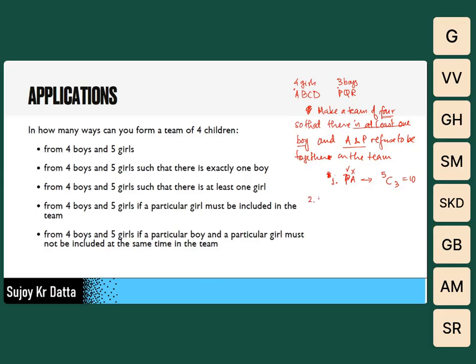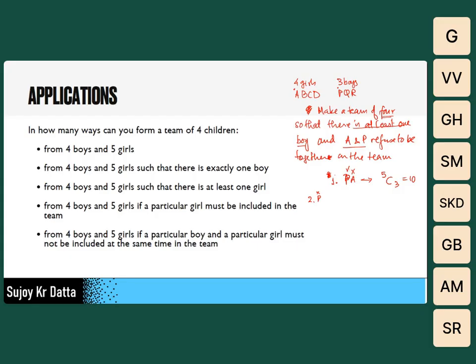The second case, what if P is not in? There is no necessity that P must be there, right? Now, if P is not in, I am really not bothered whether A is in the team or not, because P is not in the team, A can be in the team, A might not be in the team as well. Why did I not do the same logic previously?